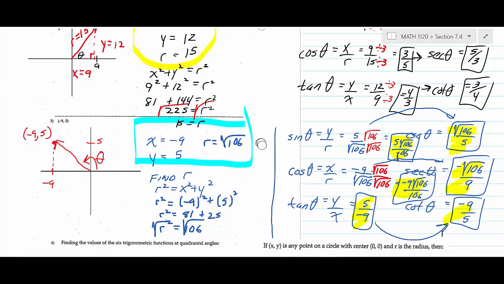So no matter where your point is, you're always measuring from there to there. It turns out that if you did the trig functions of that angle, some of them would be the same, some would be opposite by a sign. That's called a reference angle, so we're not worried about that right now. If you were in quadrant 3, the angle would be from there to there, and so forth. It's a standard position angle by definition.